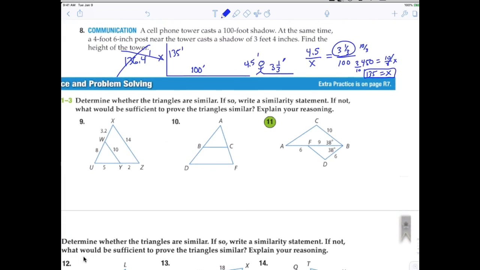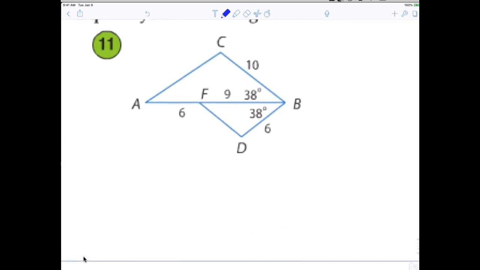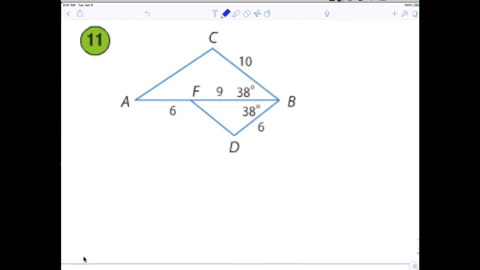So it says determine whether the triangles are similar. So I'm assuming here that FB is 9, right? And then this side is what?